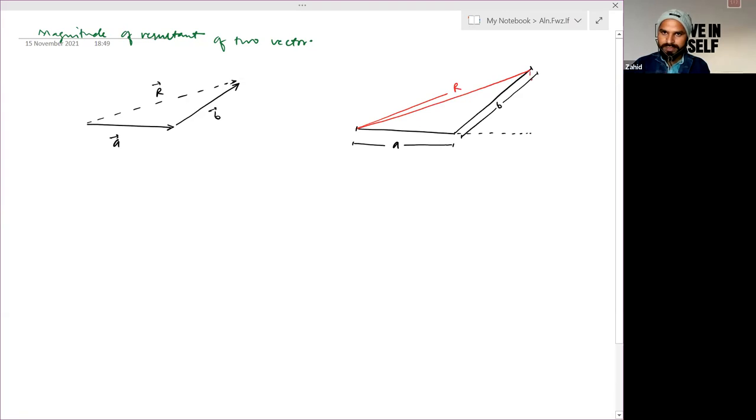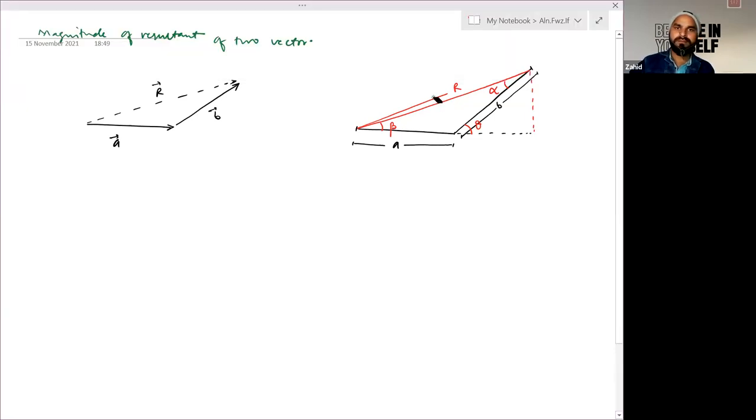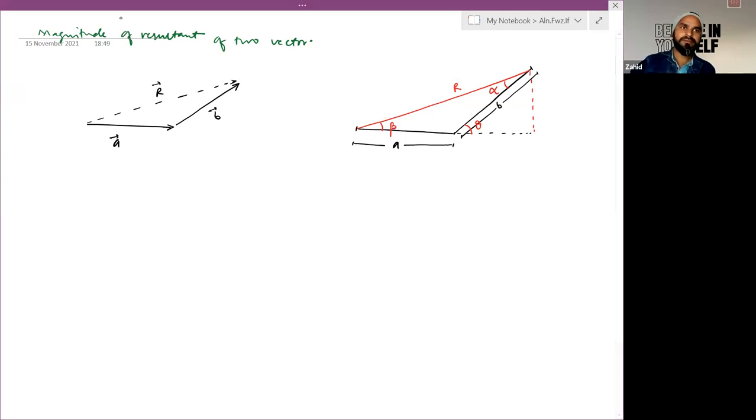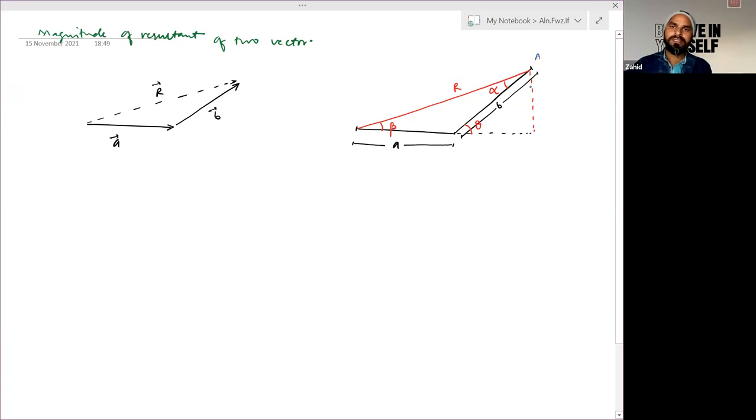If you draw a perpendicular line to this path, the inclination between the two vectors is theta, and the resultant is inclined at some beta. B and R will be at some angle alpha. This is A, this is B, C, and this is D.